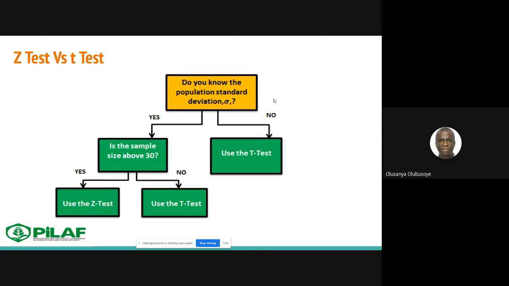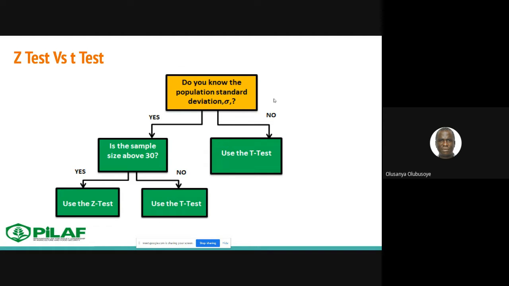So if the population standard deviation is known, in which case your answer to the question is yes, then you need to ask another question, and that is whether the sample size is greater than 30.